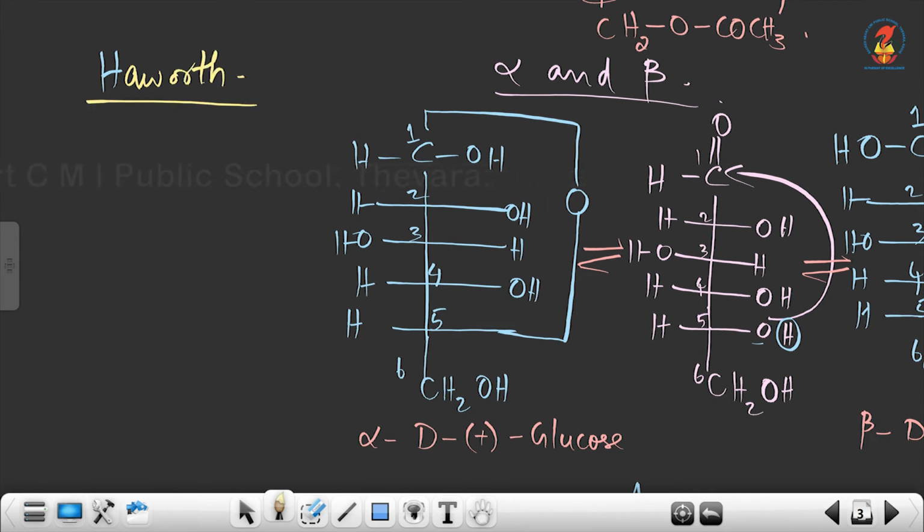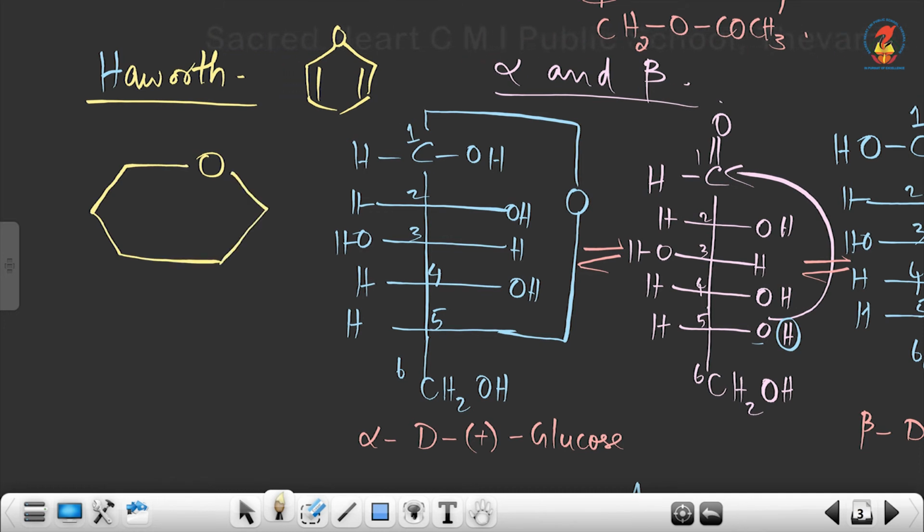The Haworth structure for alpha D plus glucose I am going to draw. Now you got the structure of pyranose. Pyranose is like this, this is pyran. Okay, now I am going to draw the structure. Now we have oxygen, this oxygen, and a five-membered ring.